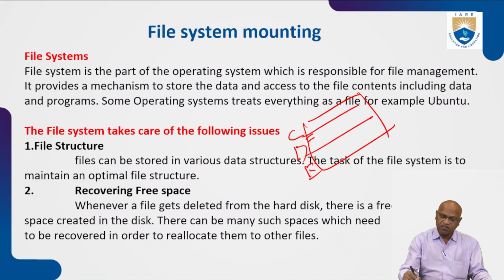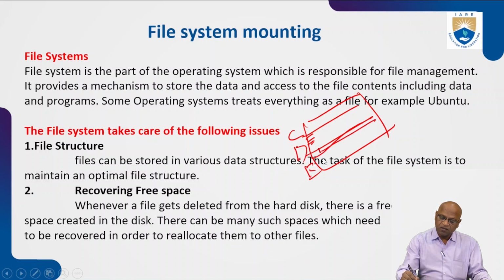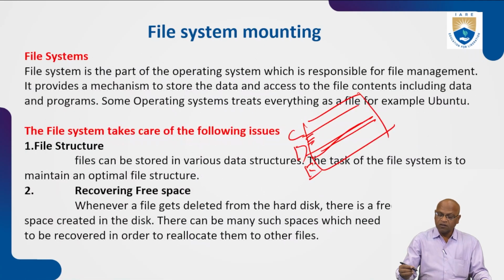Once it is saved here, next to this D drive we will have the directory of this D drive. In this directory we maintain a record of what files are saved in the D drive.